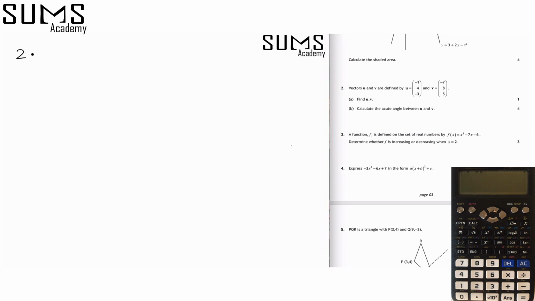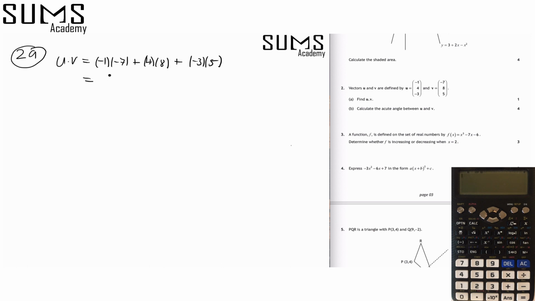So 2a. u dot v is equal to minus 1 times 7, plus 4 times 8, plus minus 3 times 5.